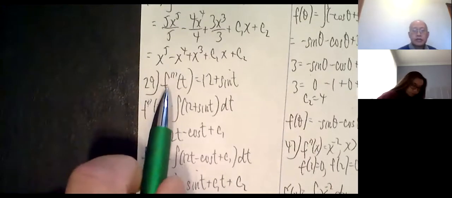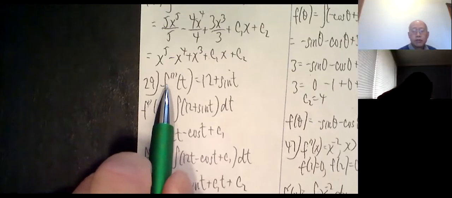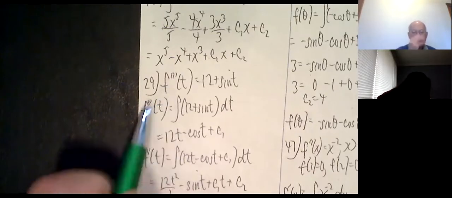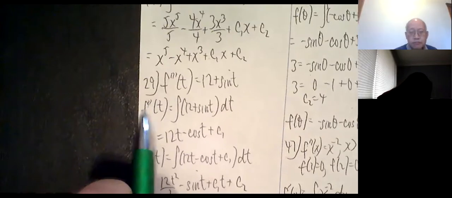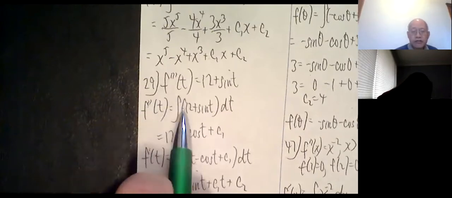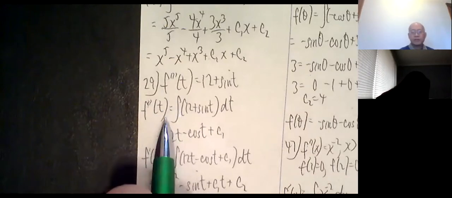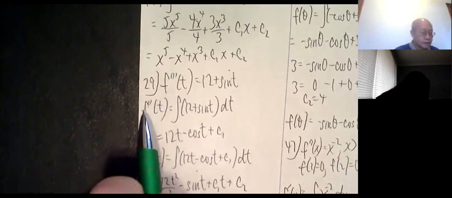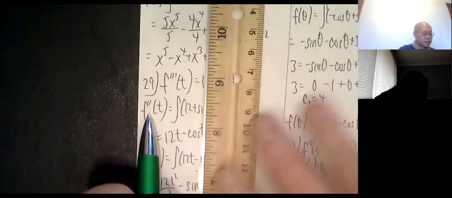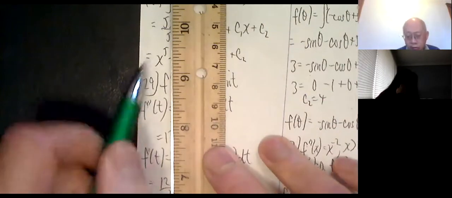Okay, so this is the third derivative. What was the original function? So f double prime equals the integral of 12 plus sine t dt. Yeah, I know this looks even funny because normally when you see second derivative, up to now, you say, oh, we had an original function.